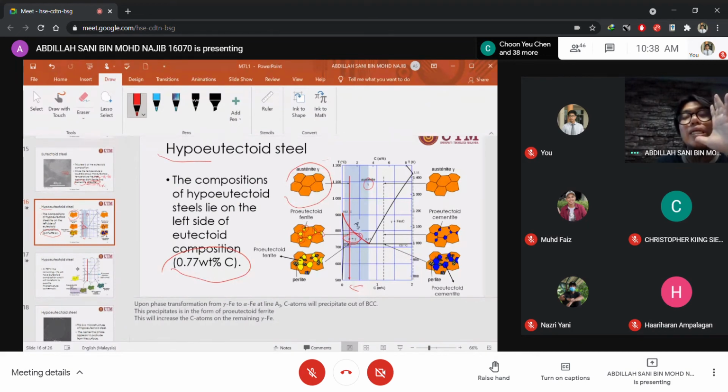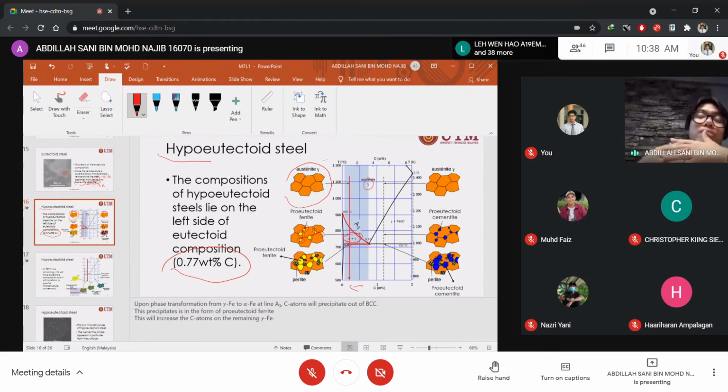And the remaining austenite, when it reaches this line, same like eutectoid, changes directly into those two, cementite and ferrite, iron carbide and iron itself.